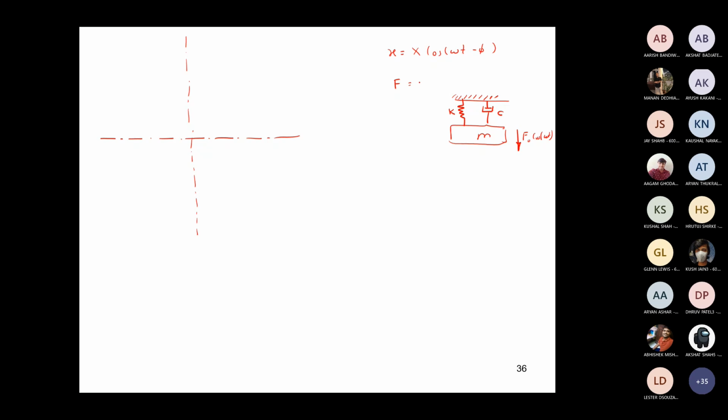So F is equal to F0 cos omega t. Let me first plot the force vector. This is the force vector F0, and at time t it makes an angle of omega t with the horizontal axis. Right?